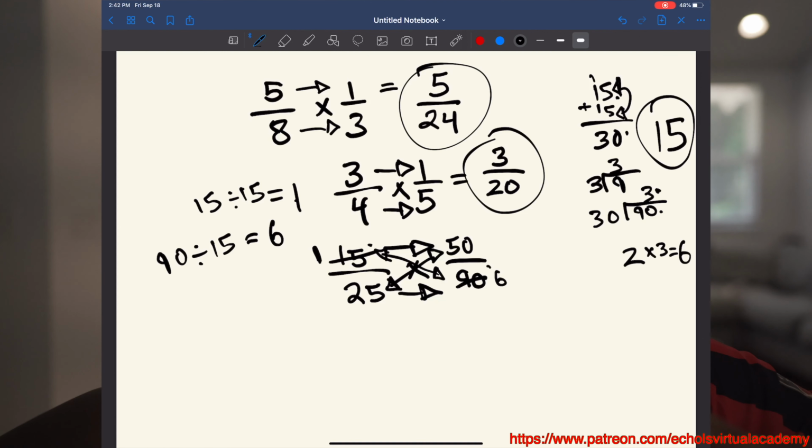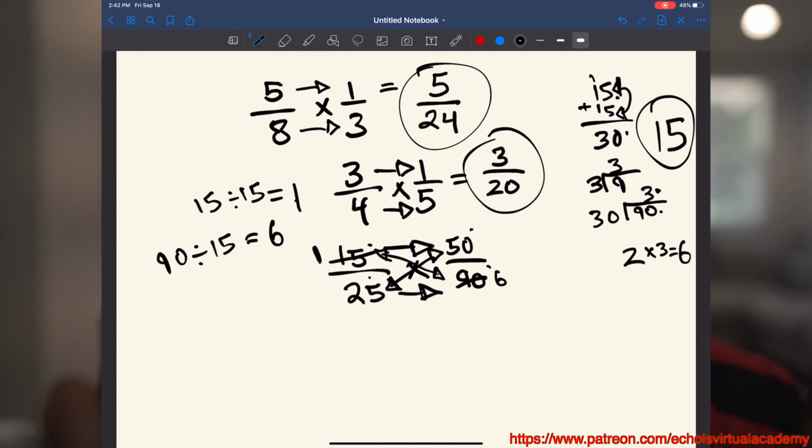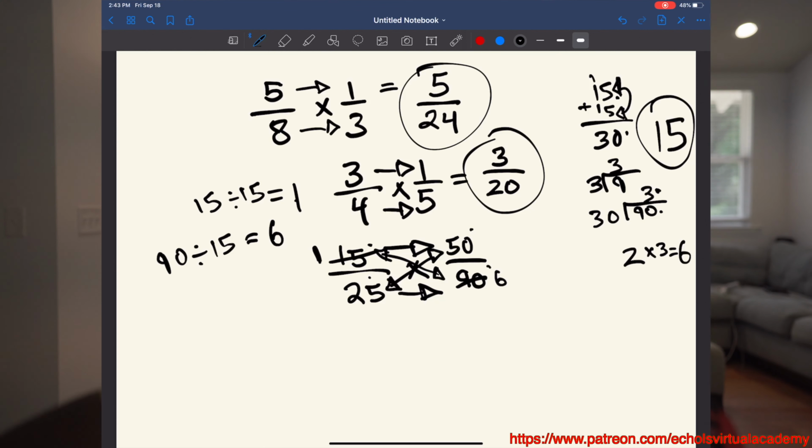Now what about 25 and 50? What's the biggest number that is divisible into 25 and into 50? Well, let's think of money. I know not too many people have coins nowadays, but everybody knows what a quarter is. Well, a quarter is 25 cents.